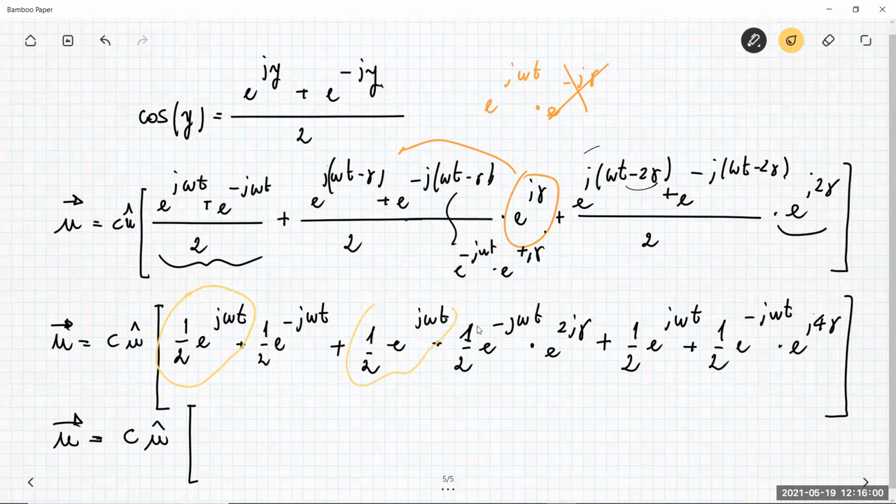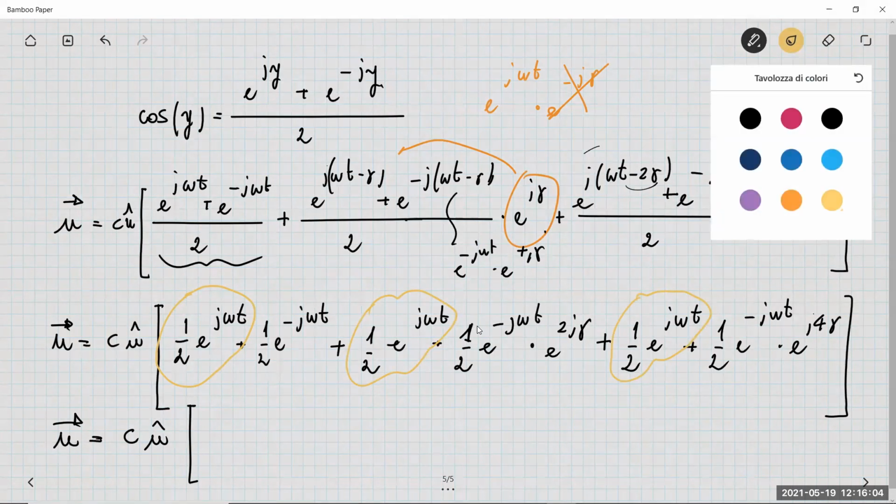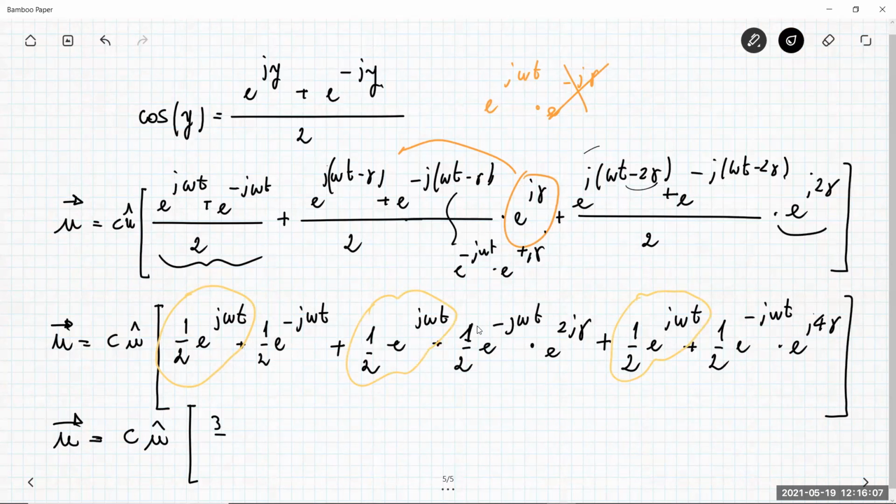Then I have another one here, and I have another one here. So I have 3 divided by 2 exponential of j omega t plus, for example, all these exponentials in the remaining part. Let me put here one half because they have one half in common.